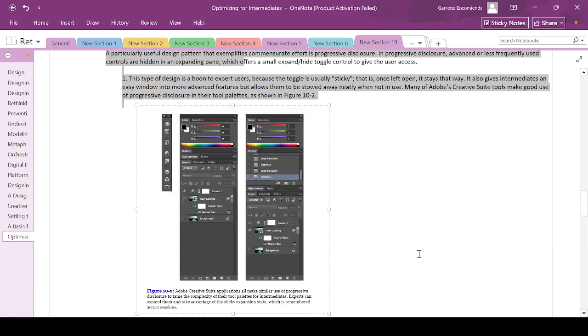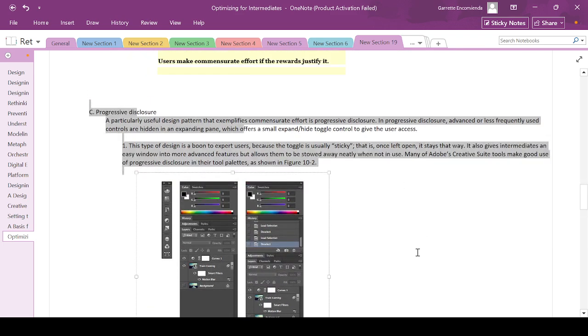Progressive disclosure. A particularly useful design pattern that exemplifies commensurate effort is progressive disclosure. In progressive disclosure, advanced or less frequently used controls are hidden in an expanding pane, which offers a small expand/hide toggle control to give the user access.